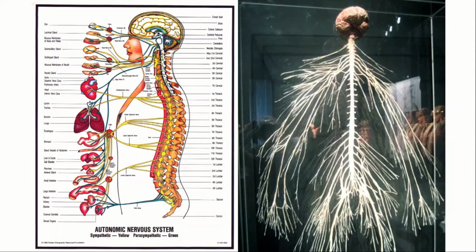On the left side, you can see a pictorial representation of the autonomous nervous system, whereas on the right side, you can see the real nervous system of a human being from the spinal cord. So let us know in detail about the animal nervous system and the reflex action, which actually protect human beings from various disasters.